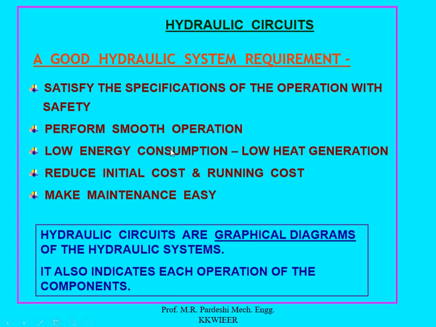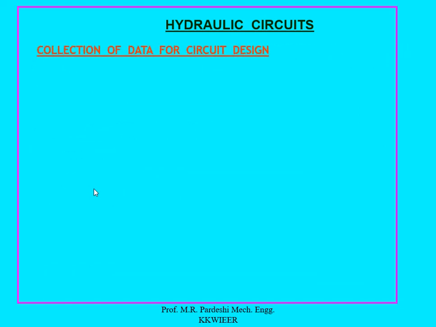Then low energy consumption with low heat generation, then reduced initial cost and running cost, and make the system maintenance free. So the hydraulic circuit is nothing but a graphical diagram of a hydraulic system. It also indicates each operation of the component. We will see further in the circuit.